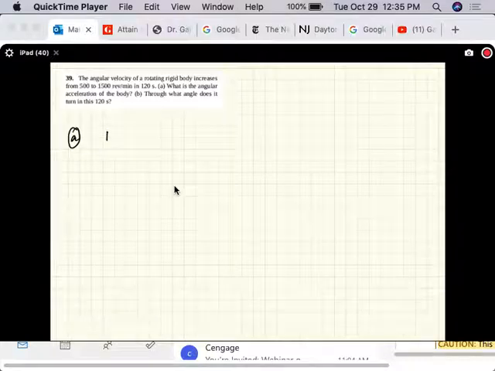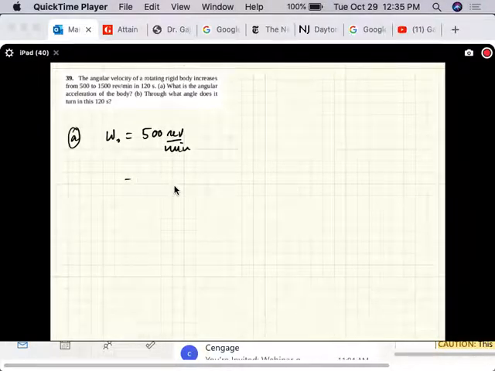Okay, so we have omega naught, the initial angular velocity, which is 500 revolutions per minute, and we'll convert that to radians per second. You can convert it into radians or you can keep it in revolutions, but I'll do it in radians.